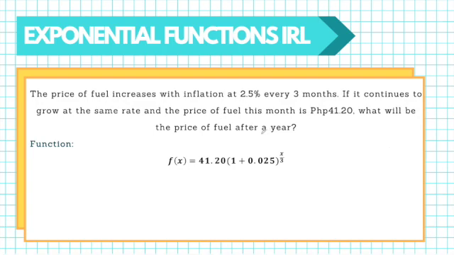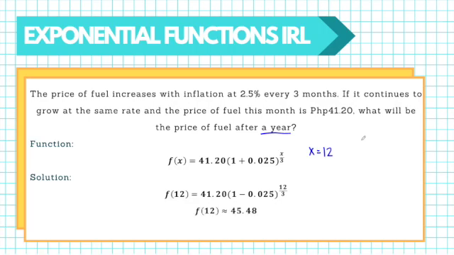One year includes 12 months, so we replace x with 12 since x represents the number of months elapsed. Substituting 12 to x, we have f of 12 is equal to 41.20 times 1 plus 0.025 raised to 12 over 3.